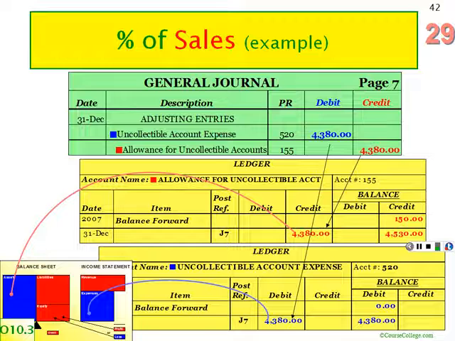What happens with students? The biggest mistake students make in this chapter on this test is they'll get this problem and they'll change that 4380. They'll reduce it by this amount because they're thinking of the wrong method. They're thinking of the balance sheet focus. The problems don't say, hey, this is a balance sheet focus, or hey, this is an income statement focus.